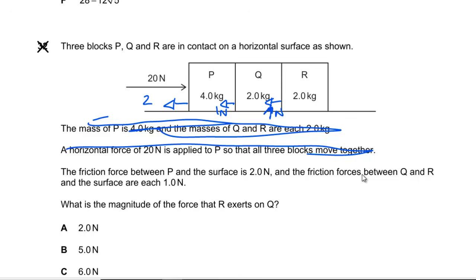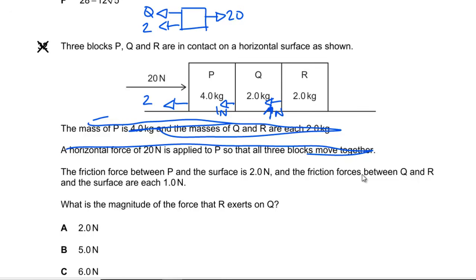So, I might draw these out individually. All right, so for P, we've got 20 going forwards. We've got Q pushing back on it, and we've got 2 pushing back on it.